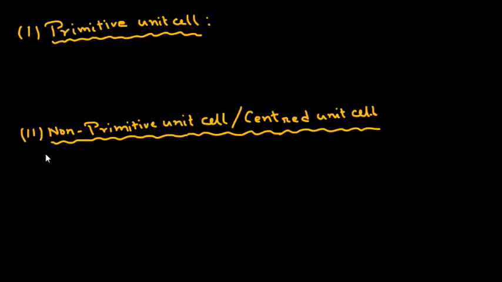We can define it as containing one or more lattice points other than the 8 corner positions in the unit cell. So there are lattice points in 8 corners, but beside that it also contains lattice points.